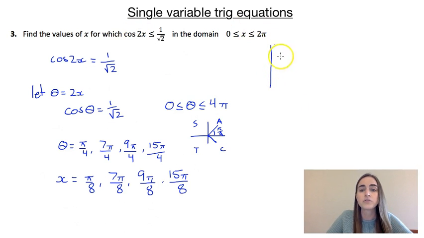Now we're going to draw it between 0 and 2 pi. So draw 2 pi here. Pi would be halfway. Now if we just had cos x, it would start at 1, come down to -1 at pi, and then back up to 1 at 2 pi.